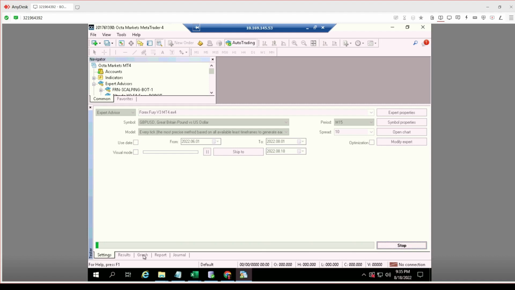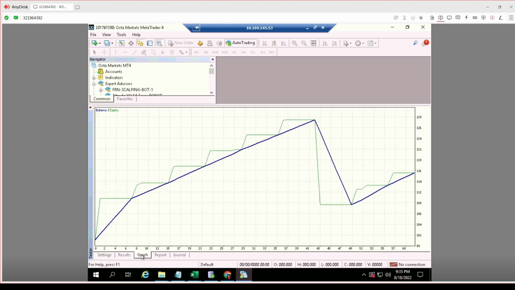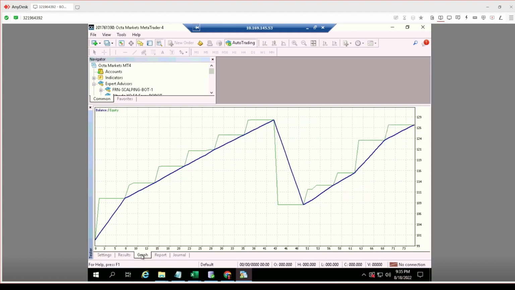Okay, let's look at the graph of account growth starting at $100. Watch the profit increase and the drawdown decrease.